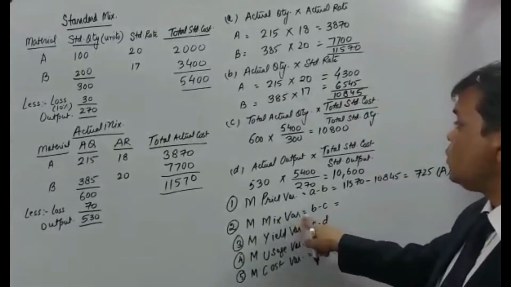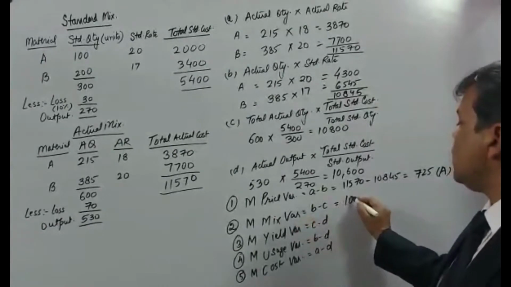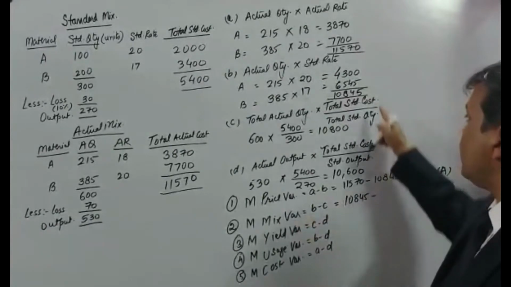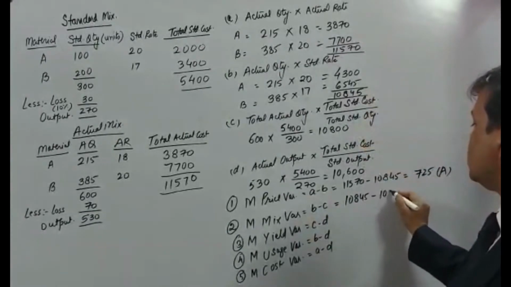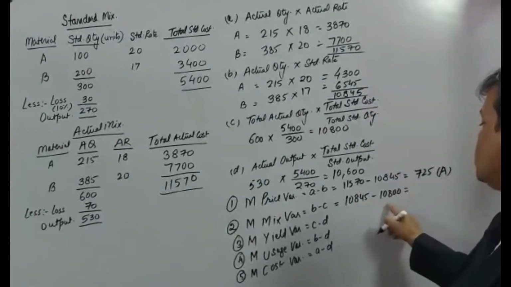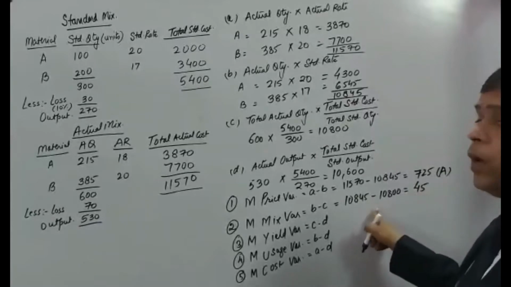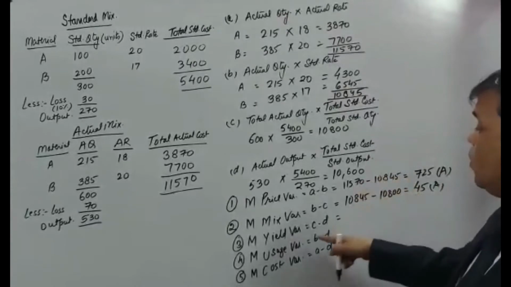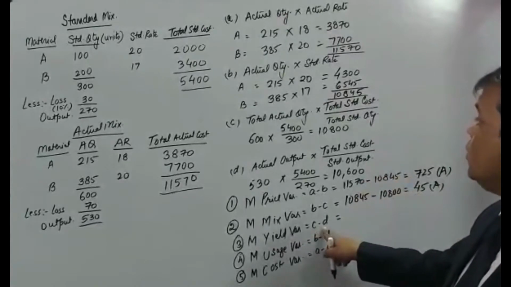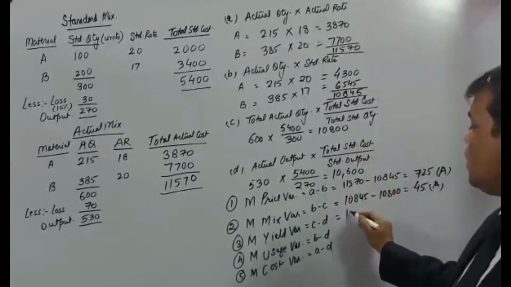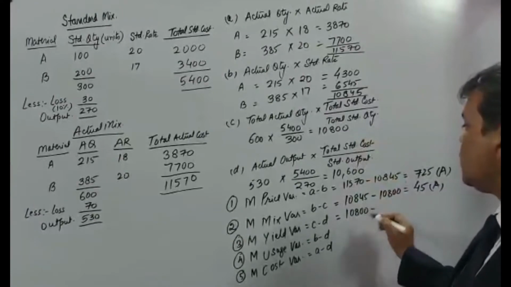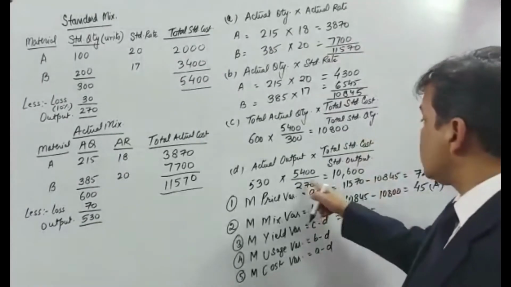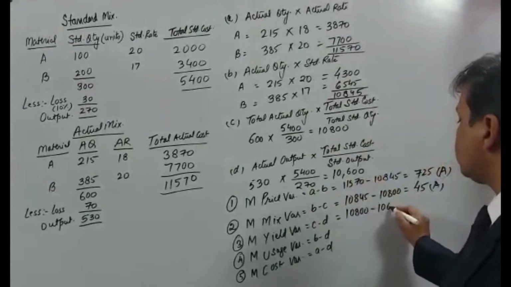This is material mix variance, B minus C, 10,845 minus 10,800. The answer again is 45, plus means adverse. Then material yield variance, this is C minus D. On C we have calculated the amount 10,800, minus D, that is 10,600.